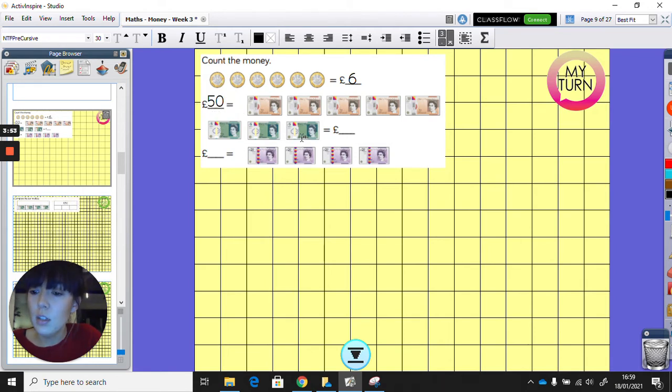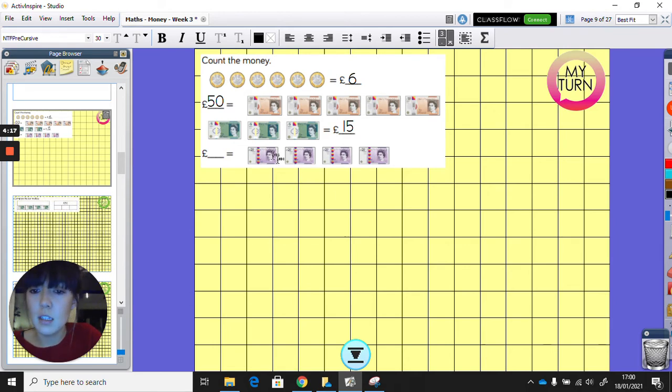Our next one, this is a £5 note, okay? A £5 note is like a greeny blue colour and it's a little bit smaller than a £10 note, although you can't really see that when you're looking on the screen. So we're going to count up in fives to work out how many pounds. 5, 10, 15. So that means there's £15 there altogether.